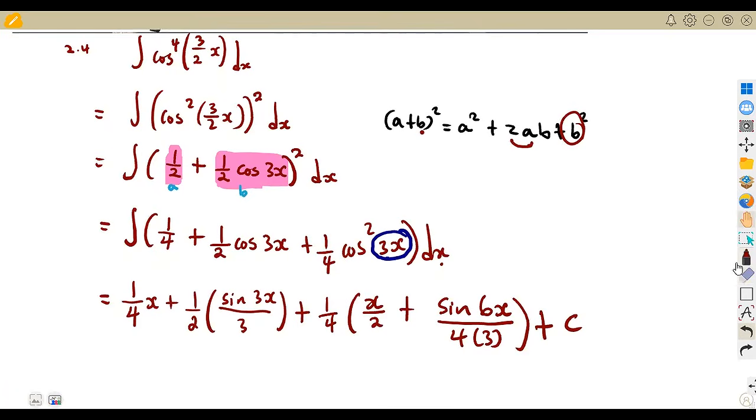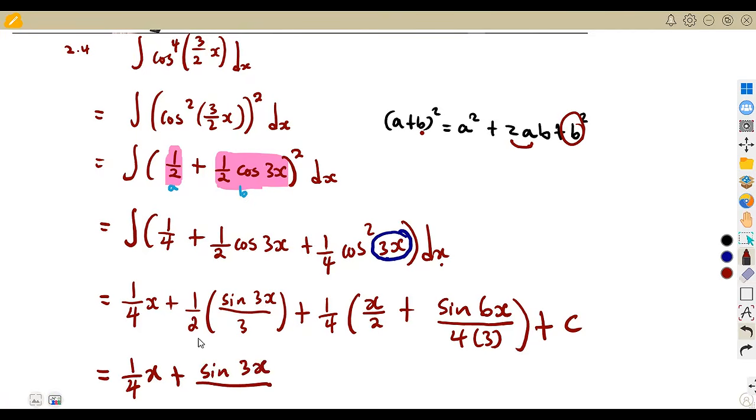So we just needed the formula on this part. Then at this stage, we can simplify whatever we have, 1 over 4x. This will be 1 over 4x plus, multiplying numerator to numerator, 1 times sine 3x, which is sine of 3x over 2 times 3, giving us 6. Plus 1 over 4 times 1 over 2, which gives us 1 over 8x.